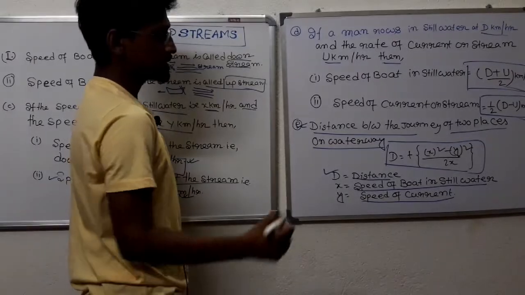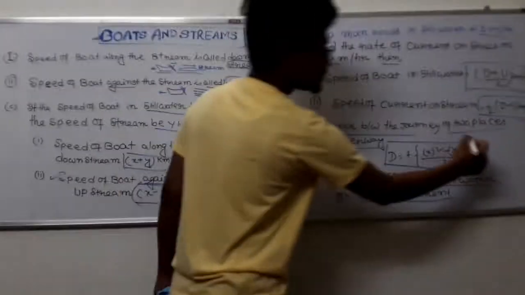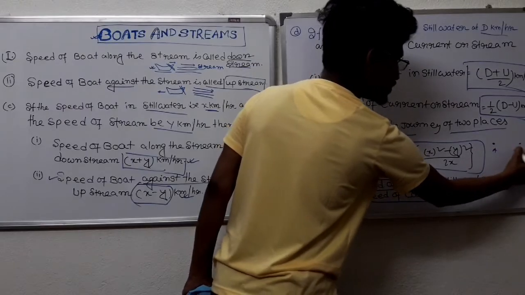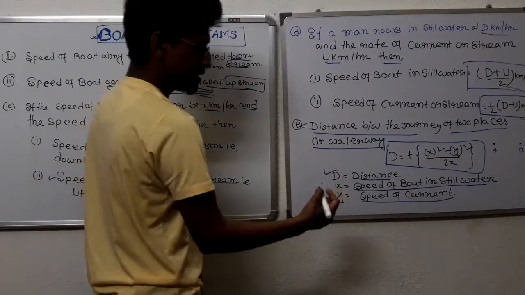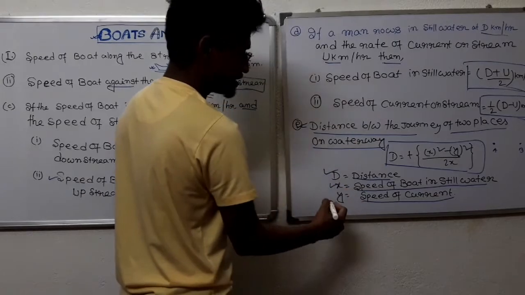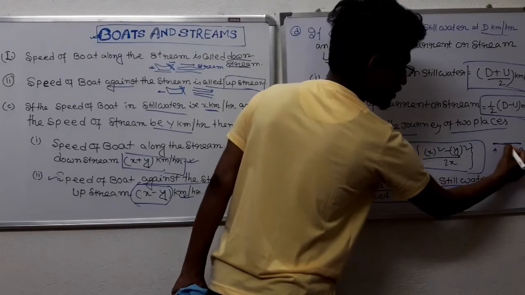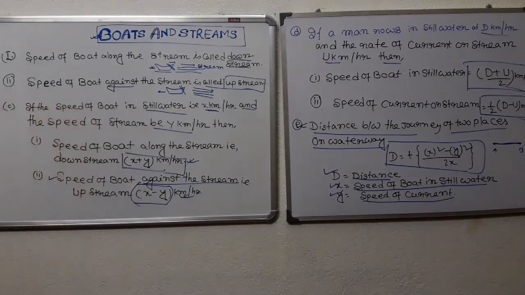If you have to calculate the distance between A and B, where the speed of the boat in still water and the speed of the current are given, then you can calculate the distance between the two points. So these are important formulas for boat and stream.